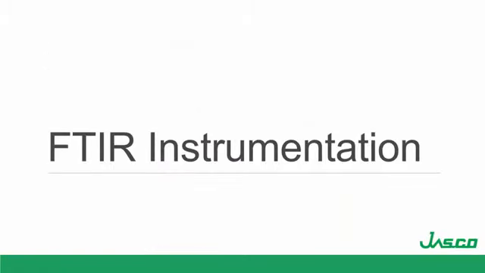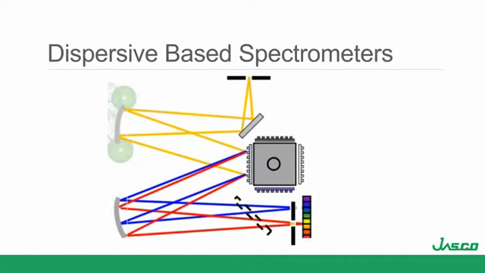So now we can talk about instrumentation. The original spectrometers for infrared radiation were all grating based. They were dispersive. With a dispersive instrument, you have a slit that the light passes through and is focused on a grating, which is then focused through another slit to the detector.